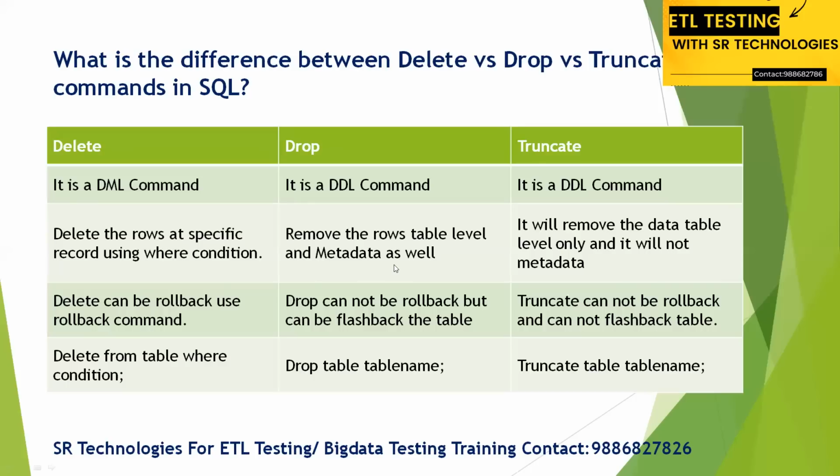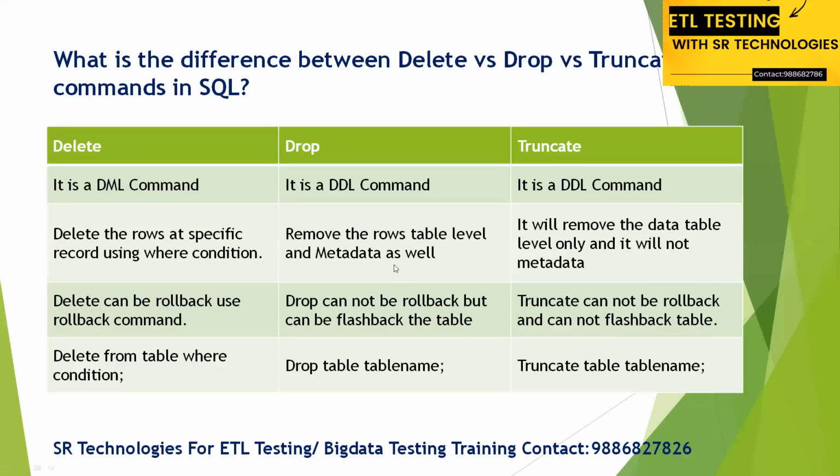Next time whenever you query the data, you can't see it, and it is going to tell us the table or view doesn't exist. When it comes to truncate, it will remove the data at table level only, but it will not remove the metadata, which means it is going to remove the data but is not going to touch any structure.